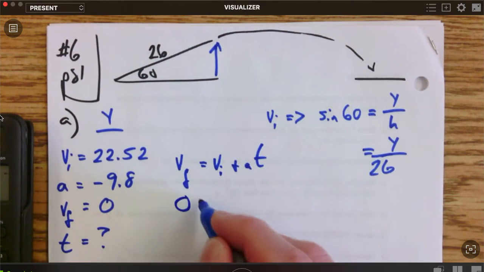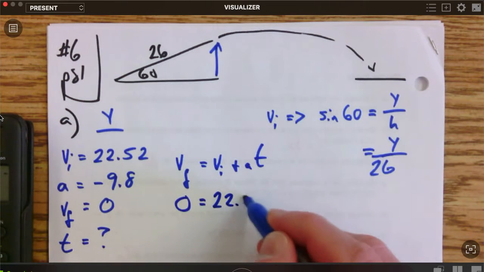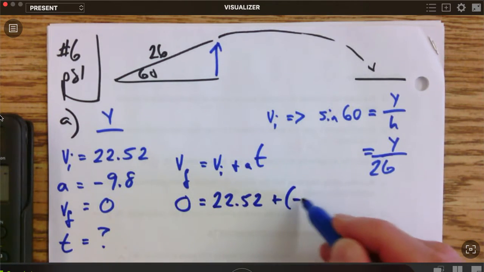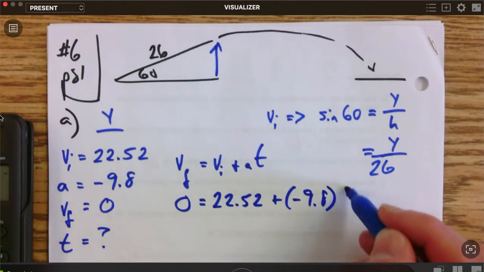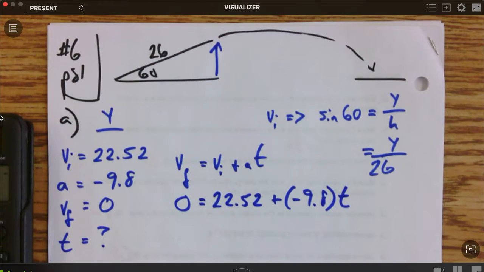Final velocity 0 equals initial 22.52 plus negative 9.8 times time. So far, so okay? Any questions, problems? Oh, you got the right answer?